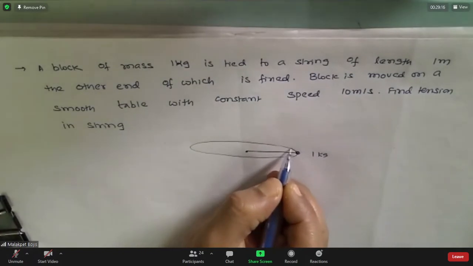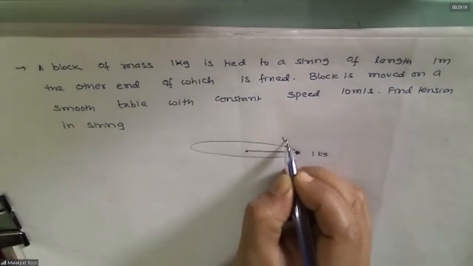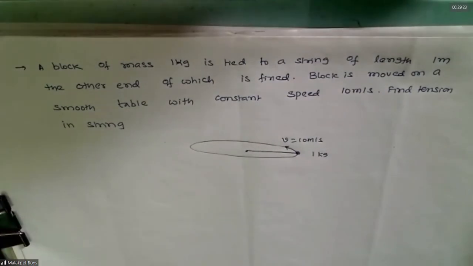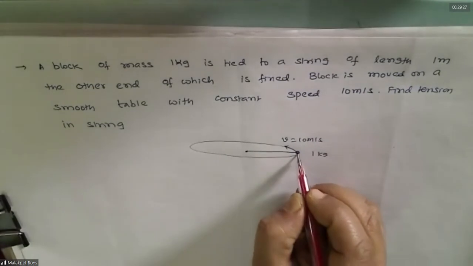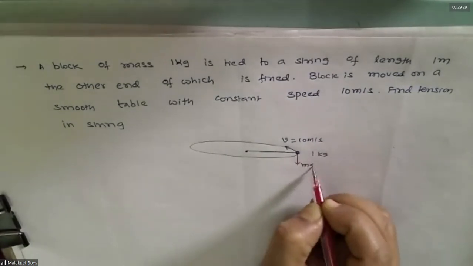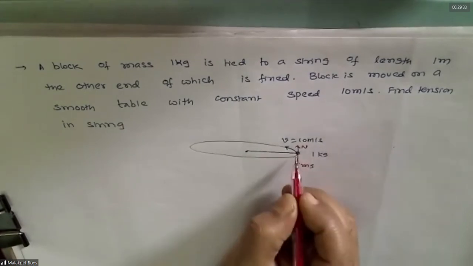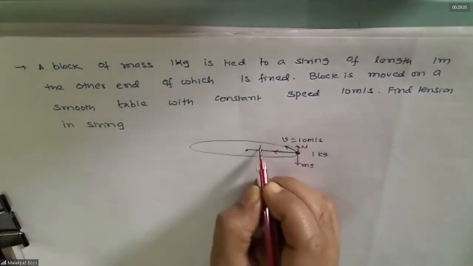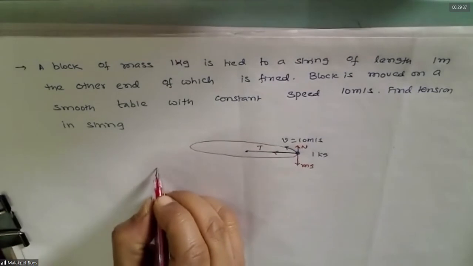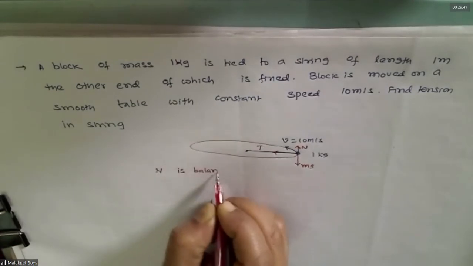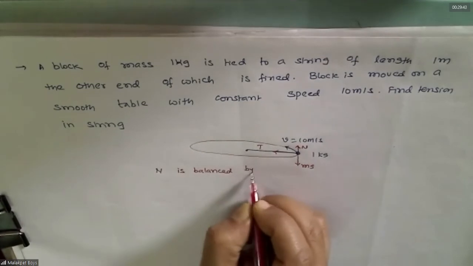It is moved with a constant speed of 10 meters per second. Remember, the first thing you have to do is observe what the forces are. mg is downwards, balanced by the normal reaction. This is the tension.